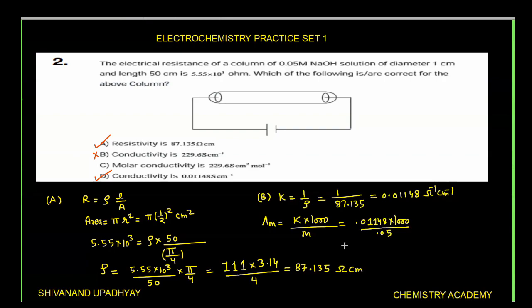So if I further simplify this, I can write that this value should be 1148 into 20, because 1000 is there, so 3 digits. So 11.48 into 20, which is equal to 114.8 into 2, which on simplification I am getting this value is equal to 229.6.